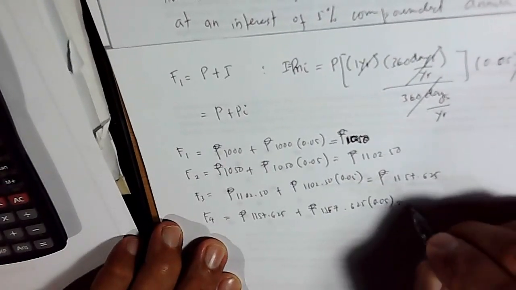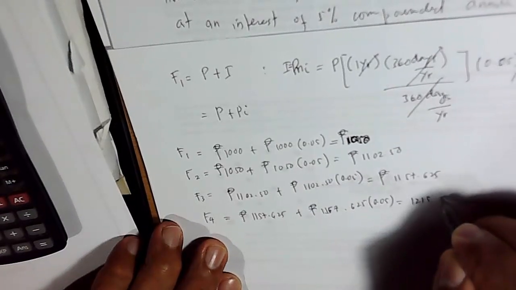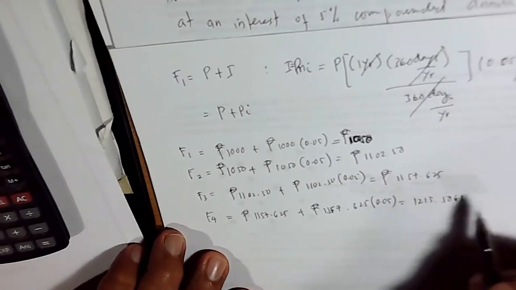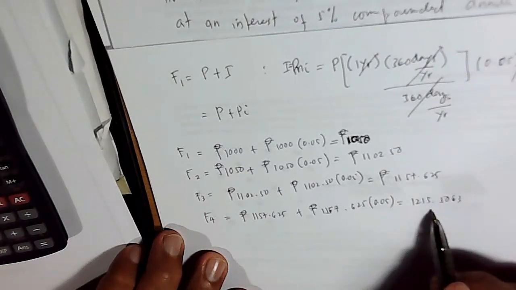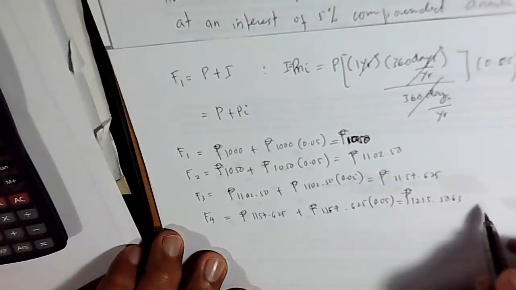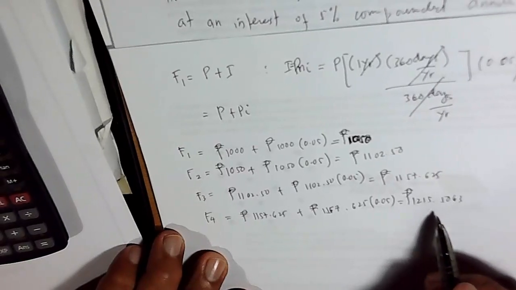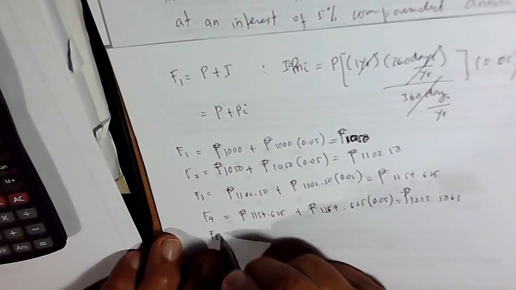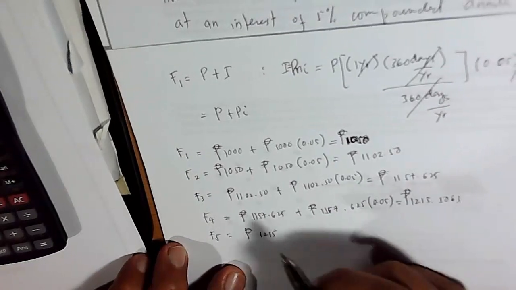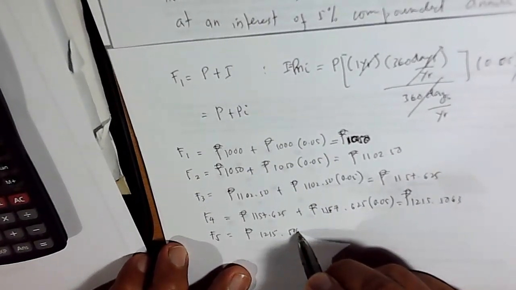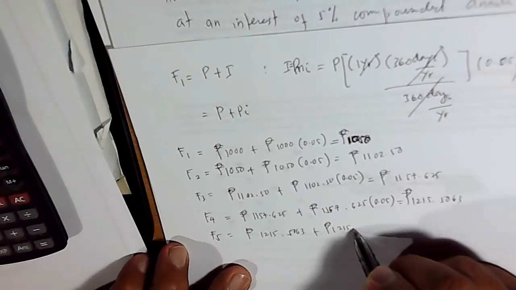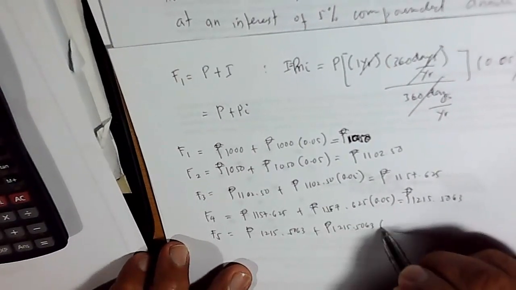We have 1,215.5063. Okay. Again, on the fifth year, since at the end of the fourth year this is your amount, 1,215.5063, this will become the beginning principal for the fifth year. 1,215.5063 plus the interest of 1,215.5063 at 5%.